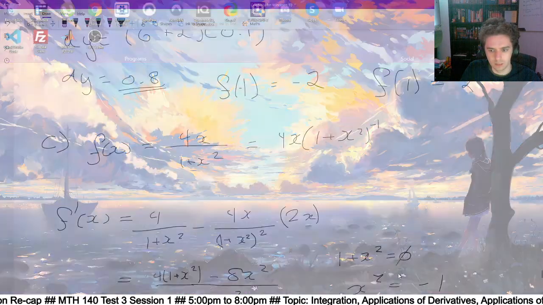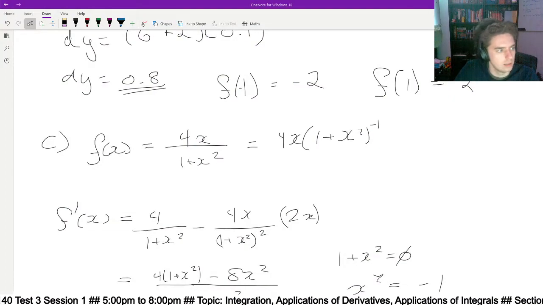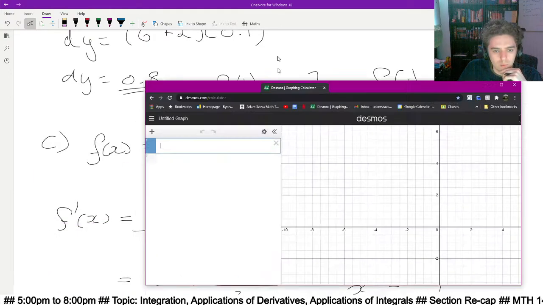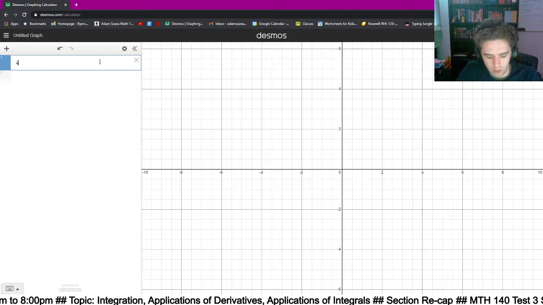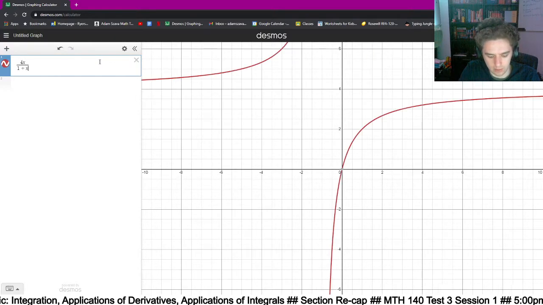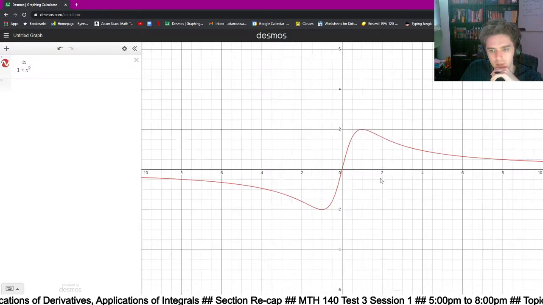So here. Oh, did I not do it? Okay, it does. That is most of the screen. So it was 4x over 1 plus x squared. Yeah. So plus and minus 1 is where I said the local extrema are, right?